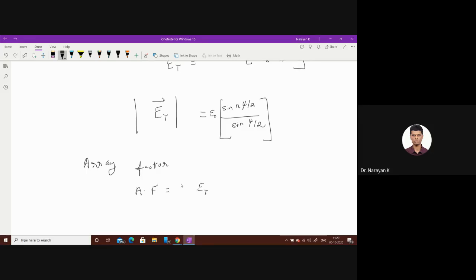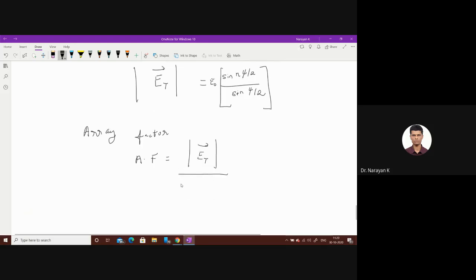The total electric field E total divided by E total maximum is your array factor. E total is nothing but E naught sine of n psi by 2 divided by sine psi by 2.